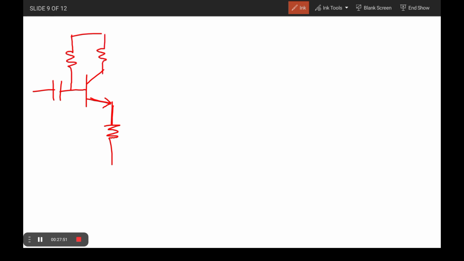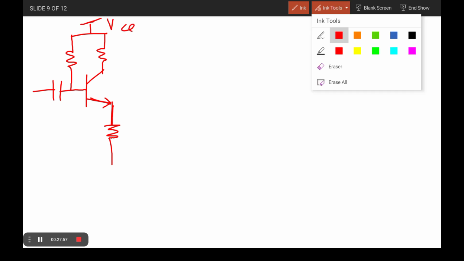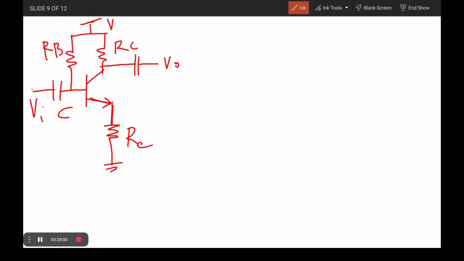Just listen very carefully. I will take one transistor, with some resistance, some capacitor, and two resistances, which are connected to VCC.